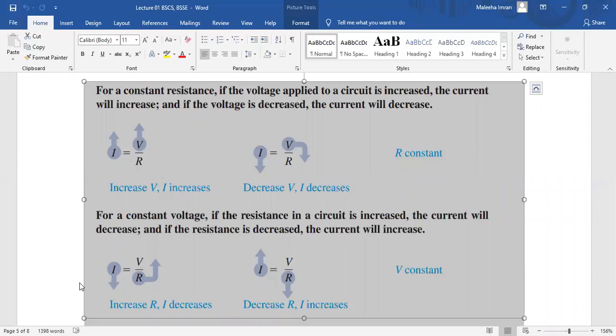This is the situation when R is constant. Similarly, if the voltage is constant and the resistance is increased, the current will decrease. And if the resistance is decreased, the current will increase. So these are the relations you must know.